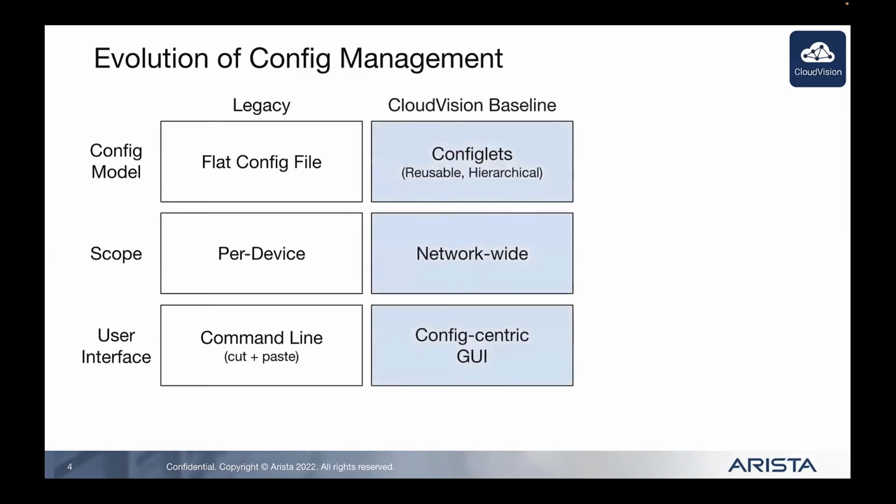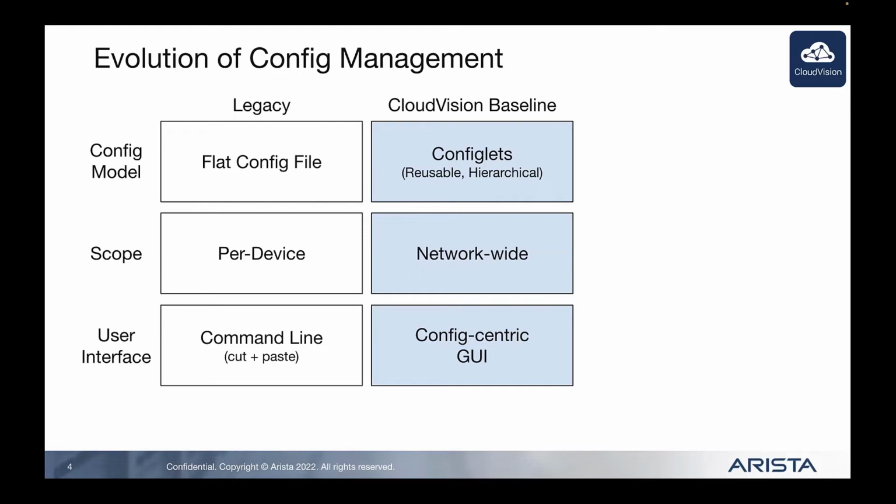Right. And what we added with CloudVision, we set up a baseline with CloudVision with Configlets. And this is what Terry was referring to as well. What we did with this was basically took a step back and say, how do you start looking at configuration at a network-wide level? What pieces of my configuration are applicable to more than one device, right?